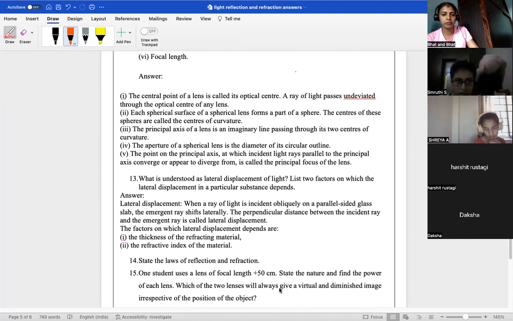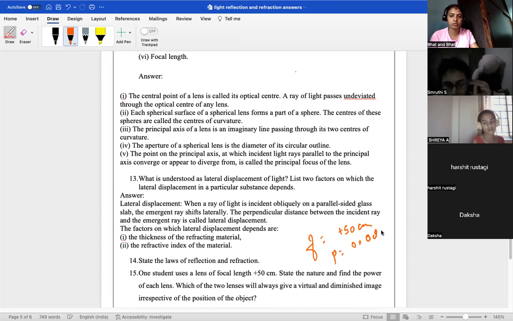Now what will be the power of the lens? F is given, F is plus 50. It'll be 1 by F, so power will be 0.02 per centimeter. No, wrong. Why?